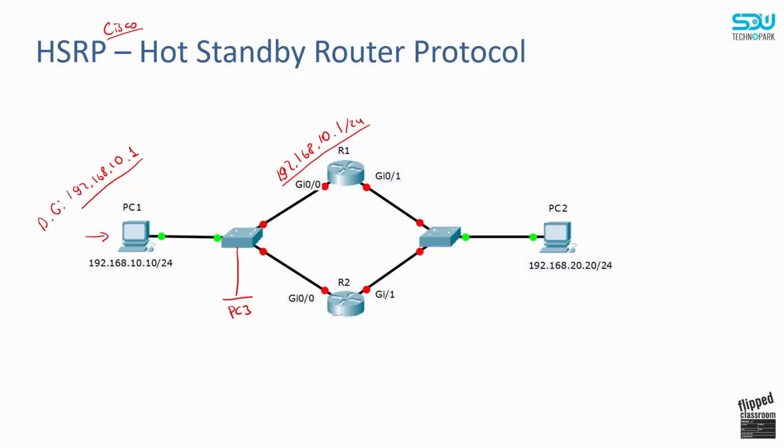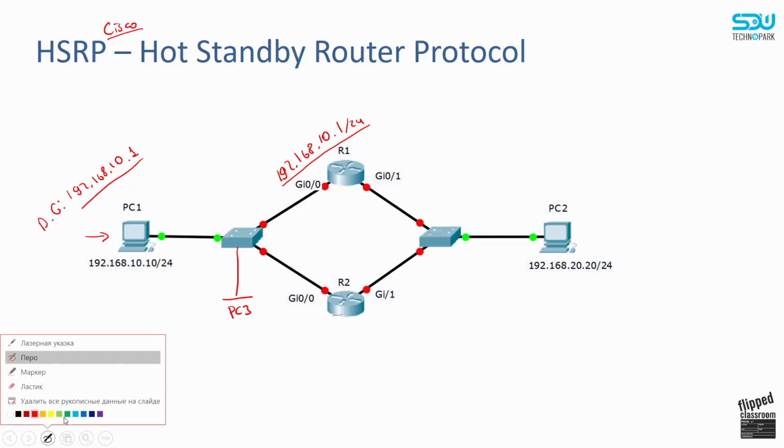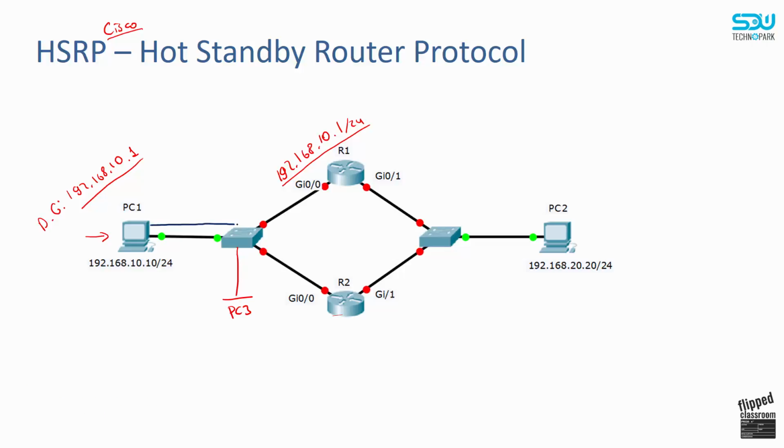Well, now after we defined our default gateway for PC1, PC1 will be able to communicate with PC2 by using this router.